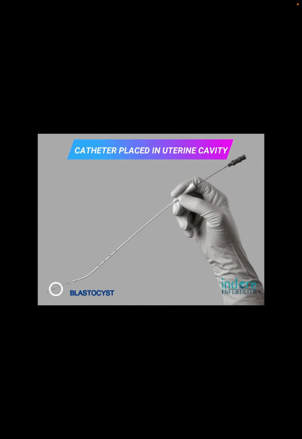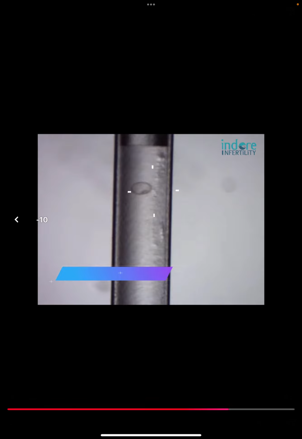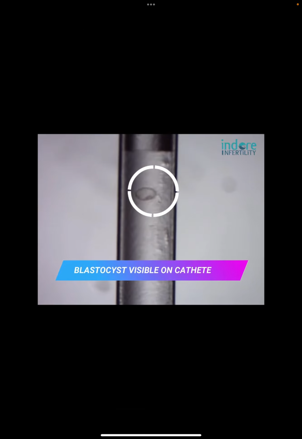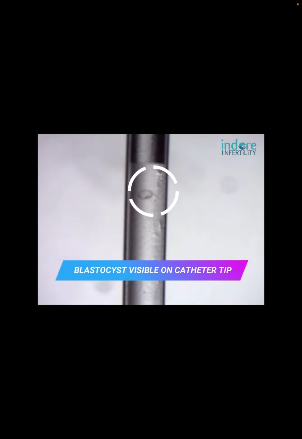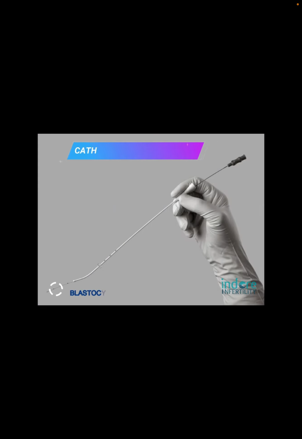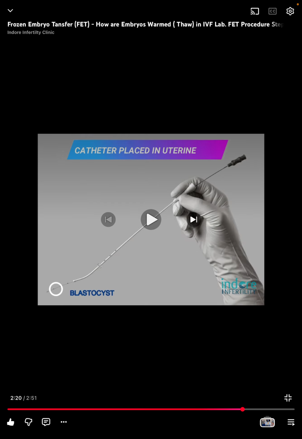Not on the catheter tip, it is in the middle. Now this is the catheter. If an image comes in the exam, this is the embryo transfer catheter which has been shown. Okay, that white one.